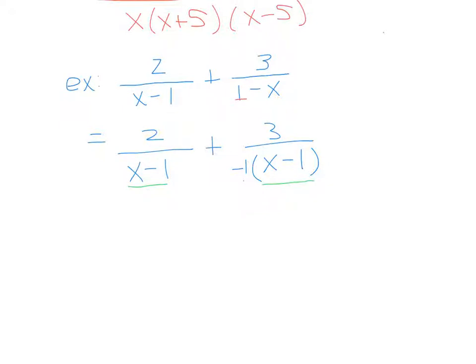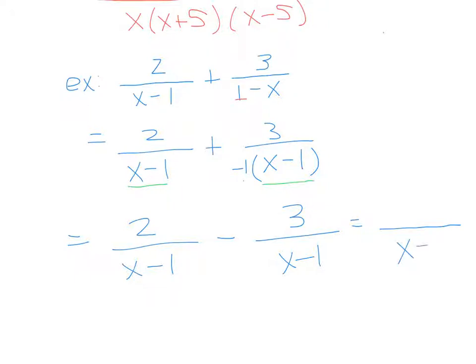Now remember, we can take that negative that is in the denominator and move it so that it's just in front of the whole thing and rewrite this as 2 over x minus 1 minus 3 over x minus 1. Okay, so by factoring out that negative 1, we get the common denominator. So common denominator is x minus 1, and we do that subtraction, 2 minus 3, we get negative 1.